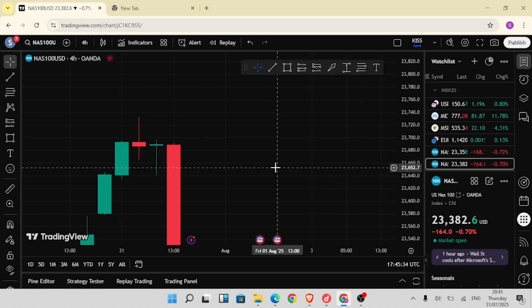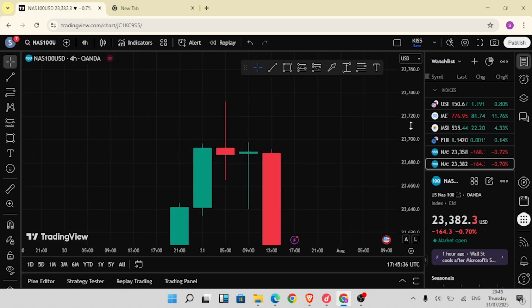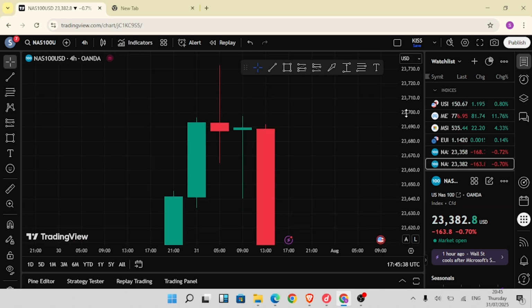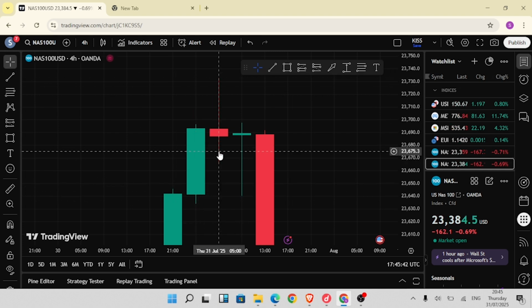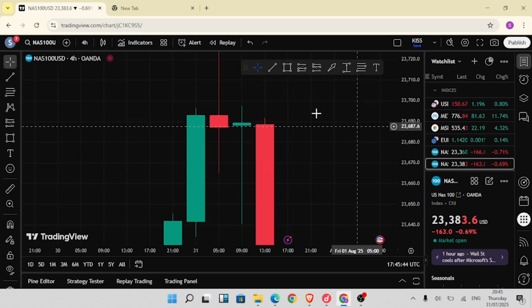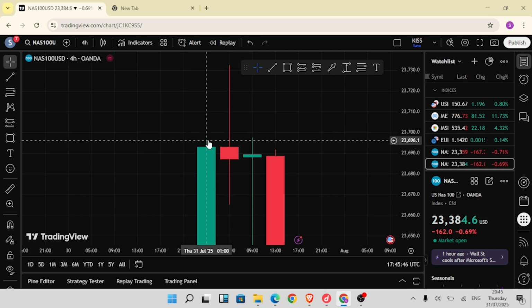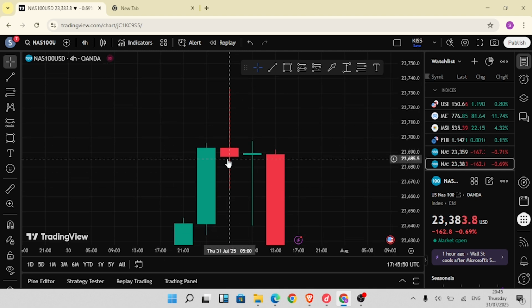The 4-hour time frame, notice what happened. We had a bullish candle, the second candle sweeping the high of the first candle, the bullish candle, and closing below.